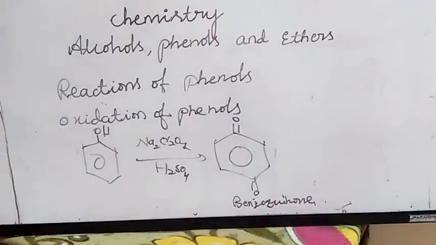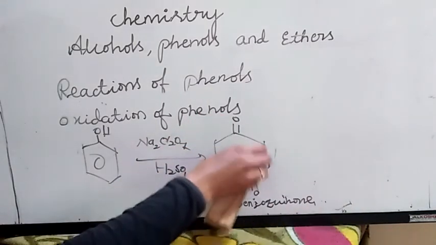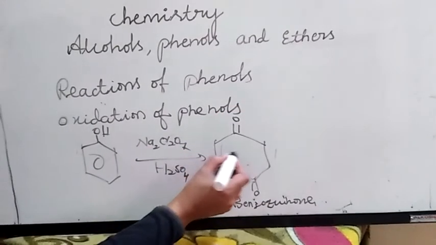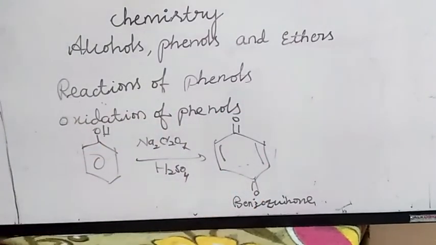So what will happen when phenol reacts with chromic acid? It produces a conjugated diketone. Conjugated means alternate single and double bonds. Conjugated diketone known as benzoquinone. In the presence of air, when phenols are exposed to air, they slowly oxidize to a dark colored mixture containing quinones.